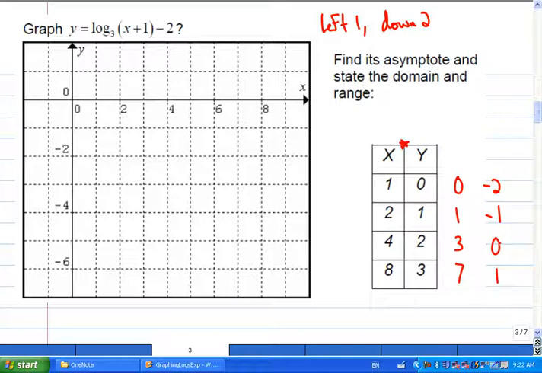So on the new graph, I would end up with, let's see here. Oops, I believe there's a typo there. That should be the log base 2, since we're clearly here in powers of 2. So 0, -2 should be there, and 1, -1, 3, 0, and 7, 1.